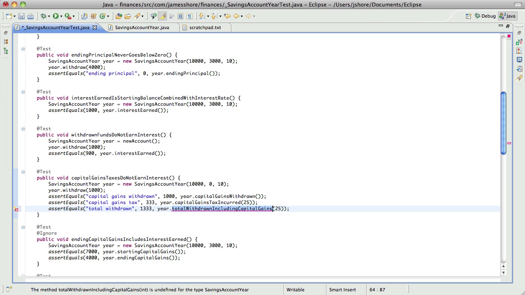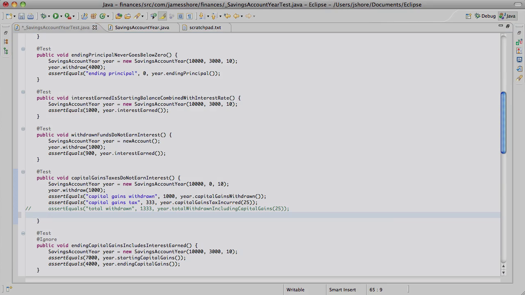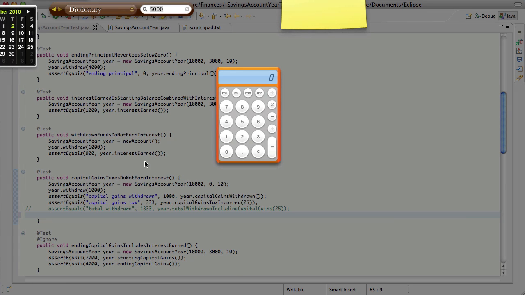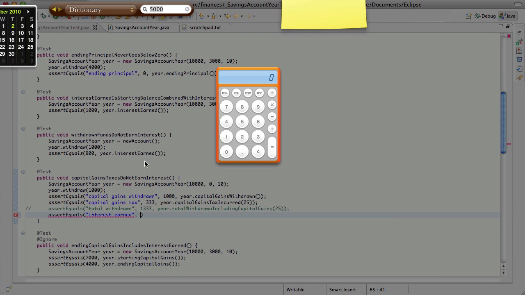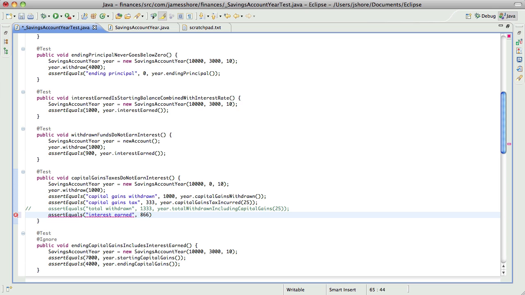We don't have a method for that. I'm just trying to figure this out as I go, which means that our interest is going to be calculated on the base of 8,667 at a rate of 10%, or 866. Interest earned is going to be, what did I say, 866?